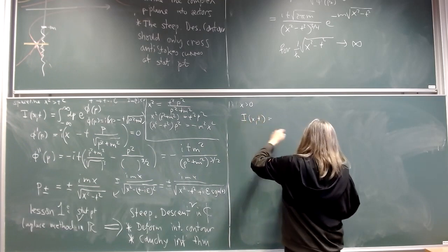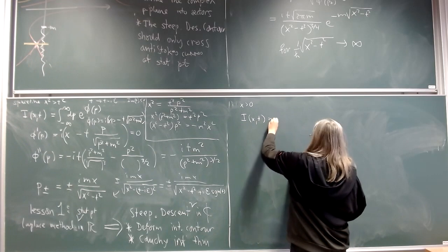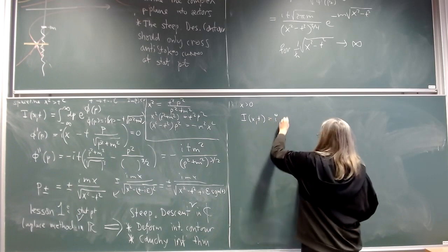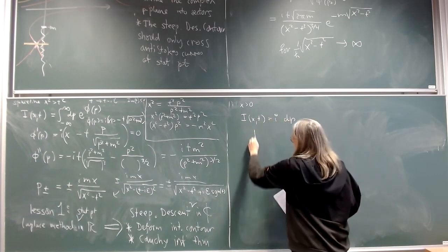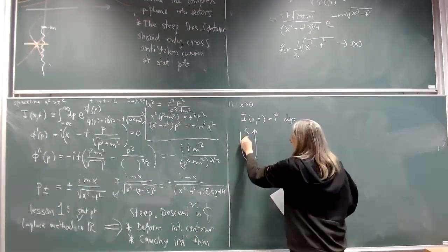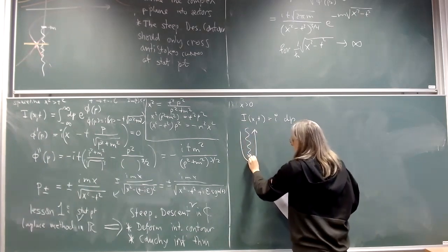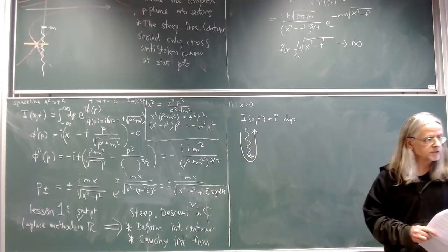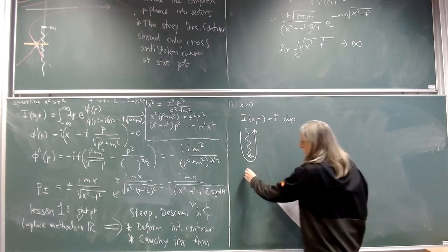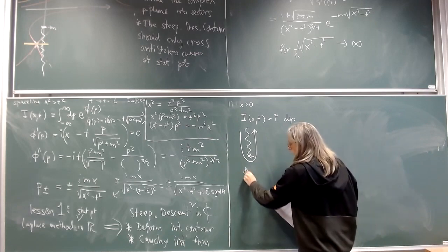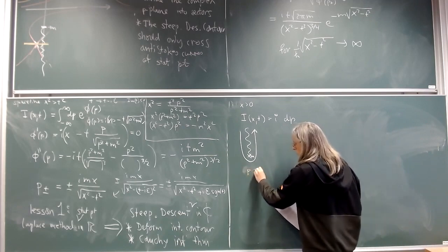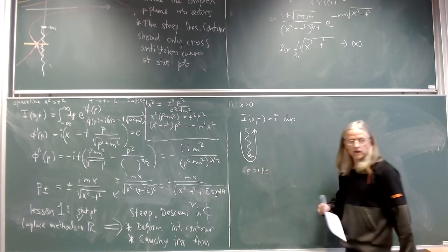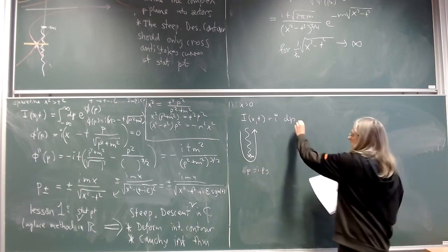We get that this is actually the same as the integral along the imaginary axis. So what I'm doing is changing the contour to wrap around the imaginary axis, and then I'm going to change my integration variable p to i p_y, and then we can do the integral.